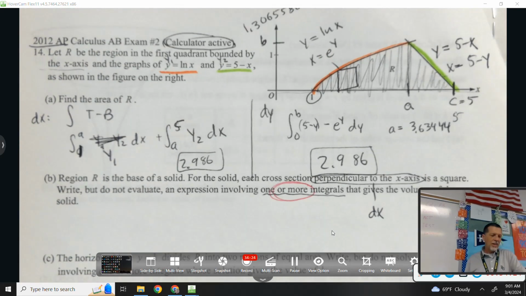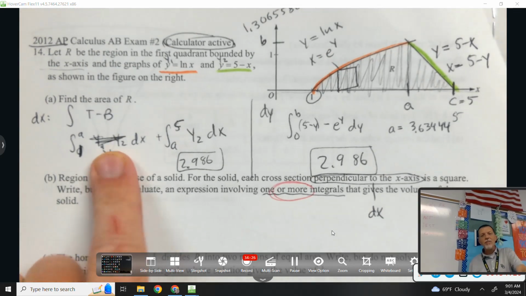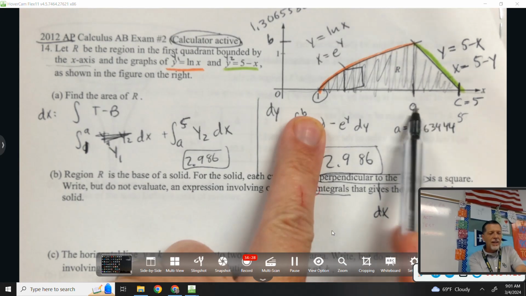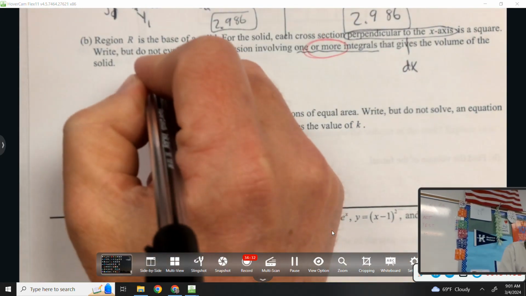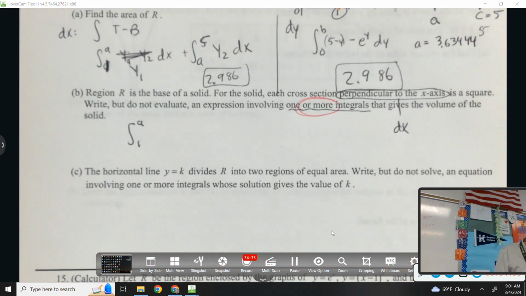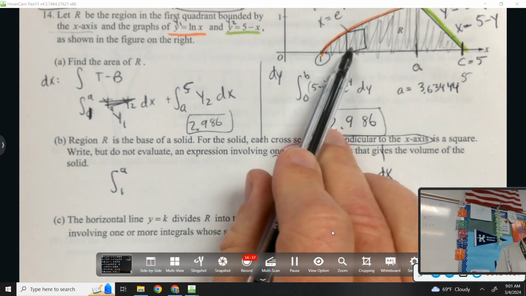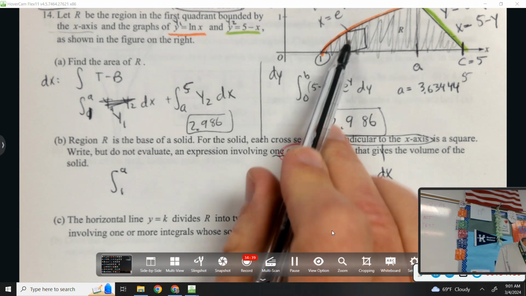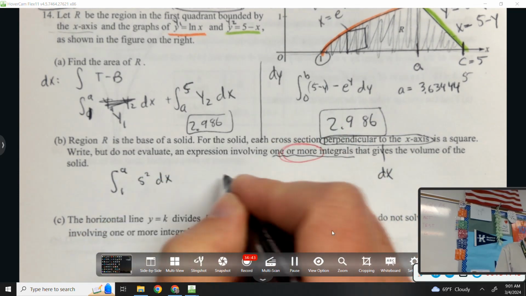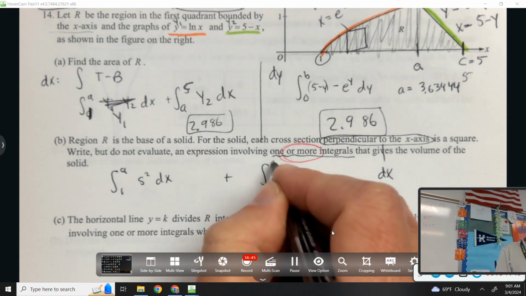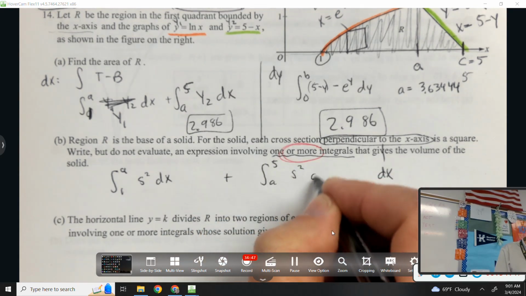Or more is a bit of a hint there, because when we think about splitting it up, we're going to have to split it up. We're going to have to go 1 to a to 5 again. So 1 to a, the area of that is just s squared, dx plus a to 5, s squared dx.